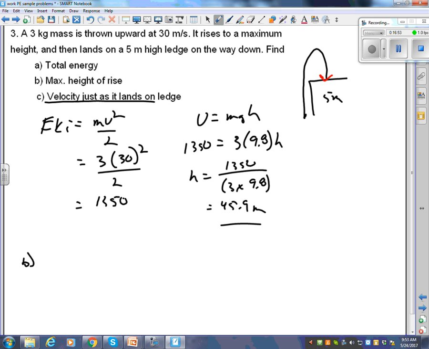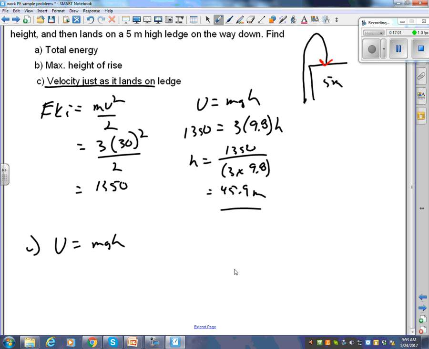I guess this is part C. So to find that out, you're going to find the potential energy it has at that height. 0.45 joules of potential energy.